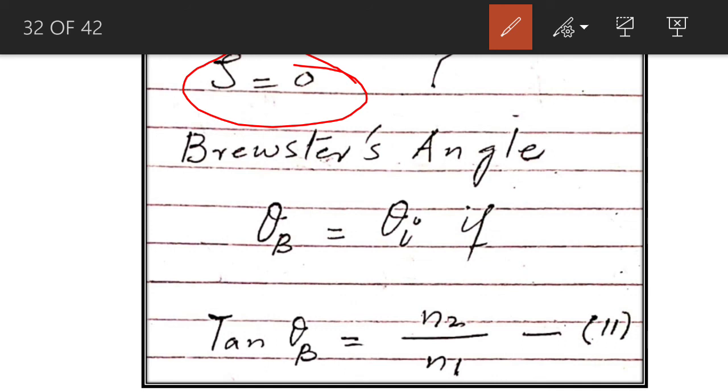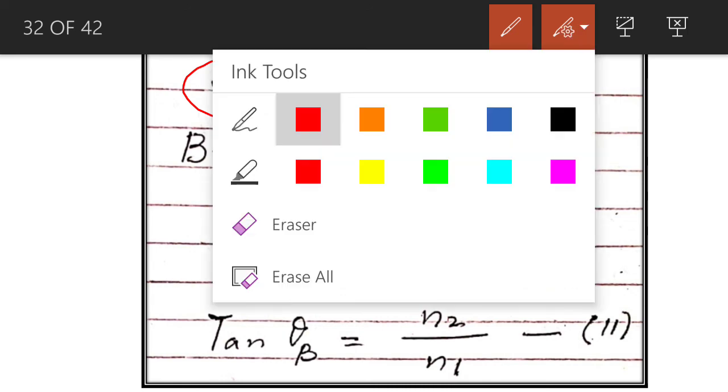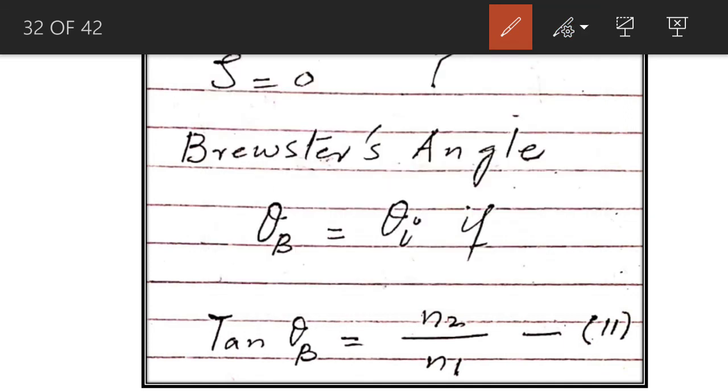So if rho is 0, you guys can feed the light energy to the optical fiber without reflection loss. So yes, it is possible to make rho equal to 0.